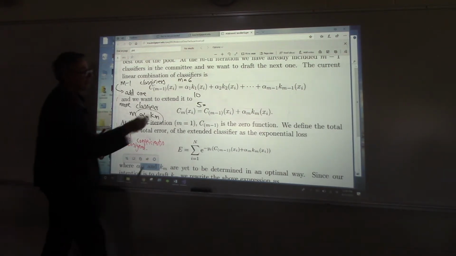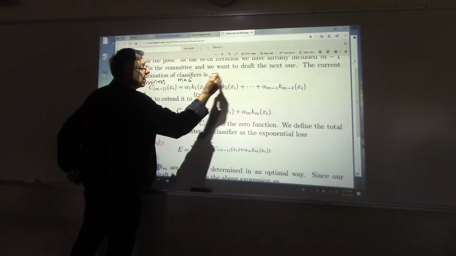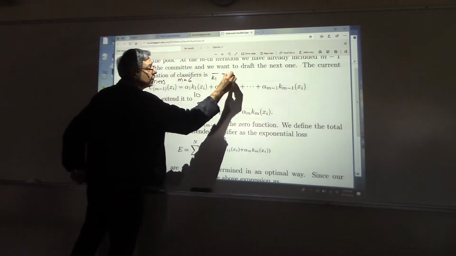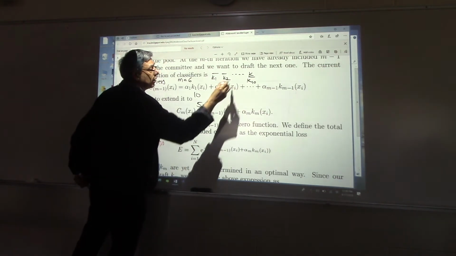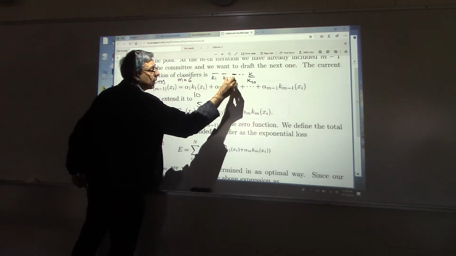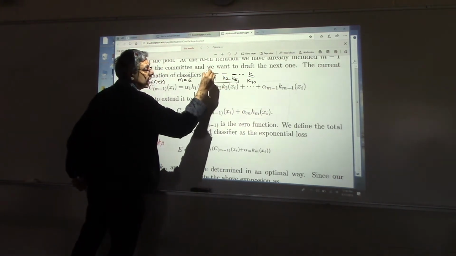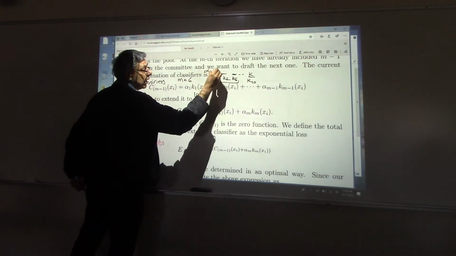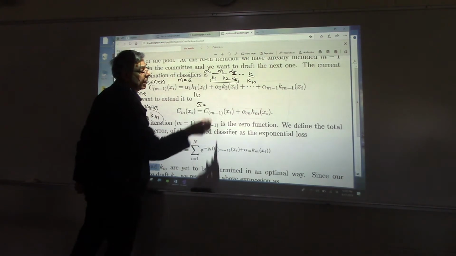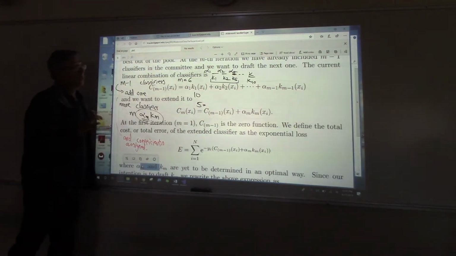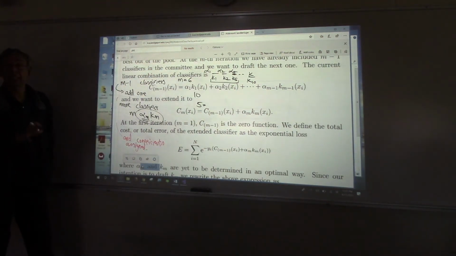Because we have a total of K1, K2, let's say up to K10. Up to K5, we've already assigned some coefficients, alpha 1, alpha 2, up to alpha 5.